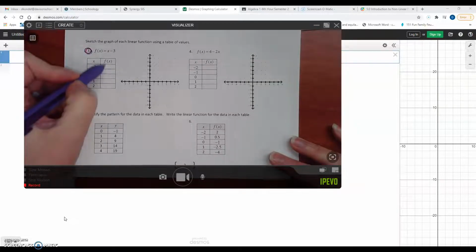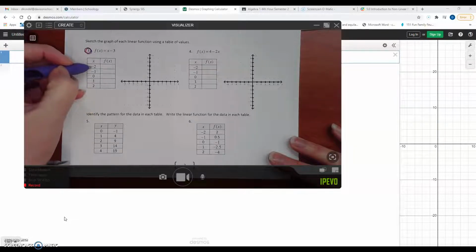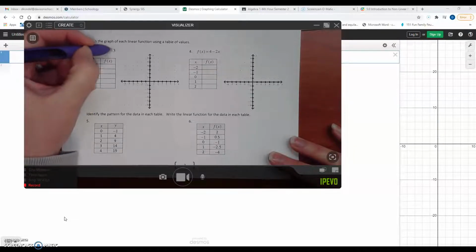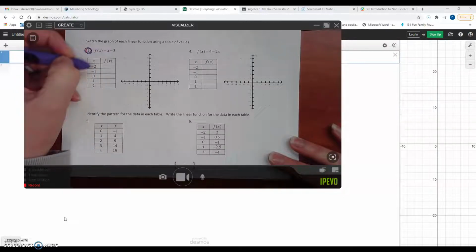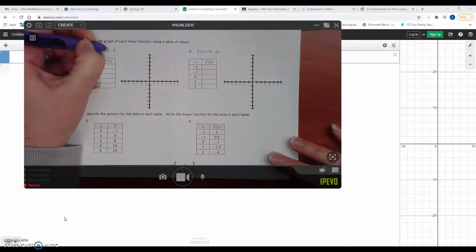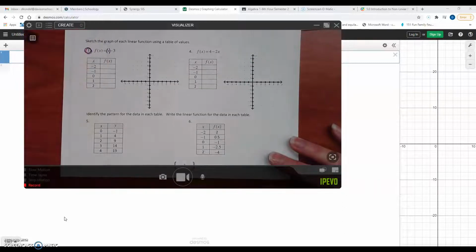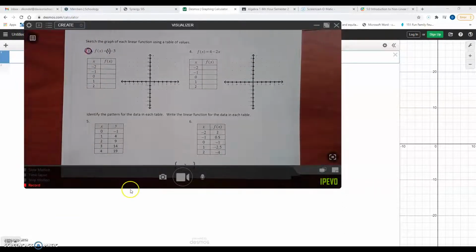To fill in this table, you are going to take the x values and plug them into the function. Whenever you substitute into a function, whatever value you're substituting in has to be put in parentheses. So remember, write this down, f of x equals x minus 3. Write this table down, pause if you need to, and then come back.